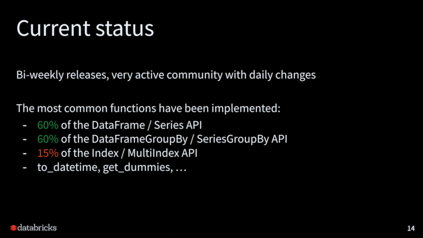Koalas already covers equivalent Pandas APIs at 60% of DataFrame or series APIs, 60% of group by APIs, 15% of index APIs, and a lot of general functions like to_datetime or get_dummies and so on.